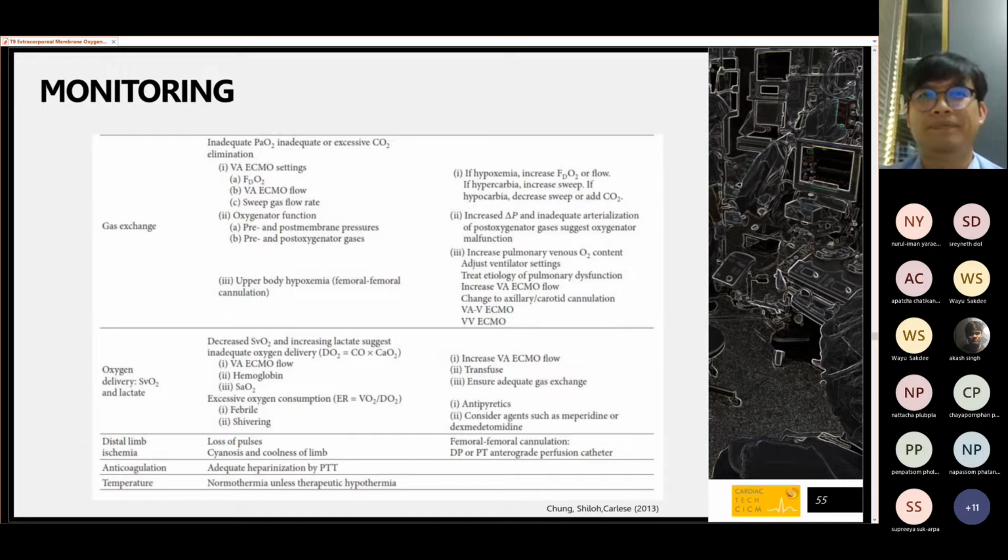So the main complications are sometimes related to distal limb ischemia like this. Another thing you need to observe is the ACT or any bleeding time parameter, and temperature.